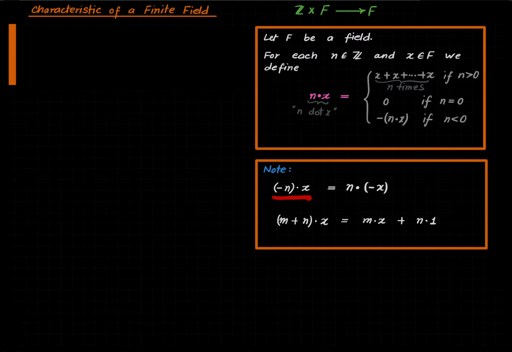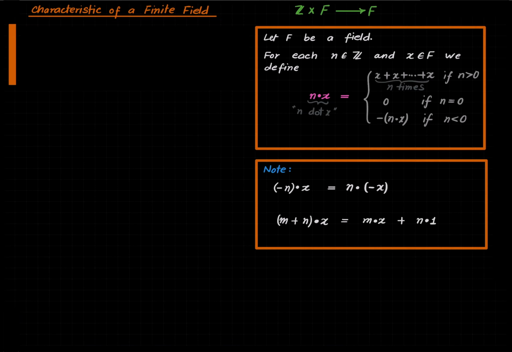Minus n dot x by definition is minus of n dot x, but just verify this thing is the same as that thing. All right, and also verify that for any two integers m and n, we have this kind of a distributivity of sorts, right? So this is a fat dot. Very simple things, nothing complicated going on, just a notation.